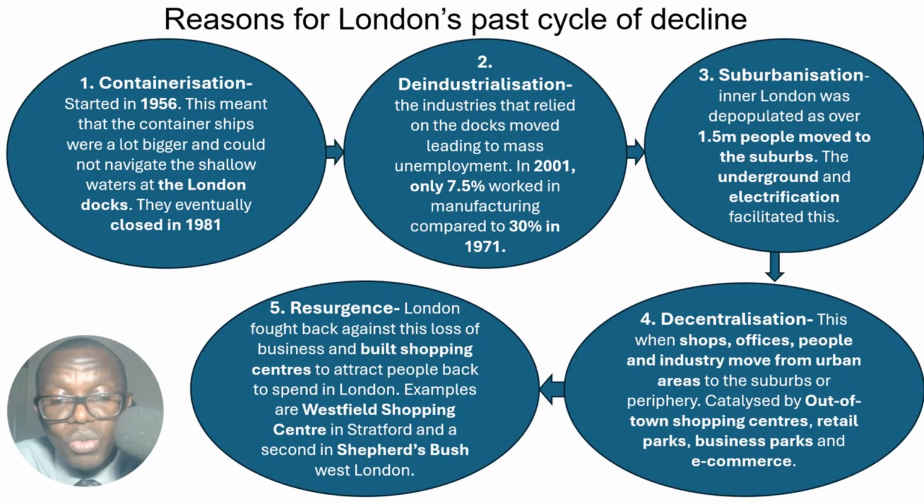The examples here are Westfield Shopping Centre in Stratford, and a second shopping centre in Shepherd's Bush in West London. This was all in an attempt to bring expenditure back to London, and as a result create employment and bring people back into London.